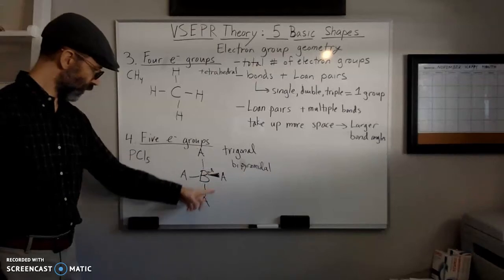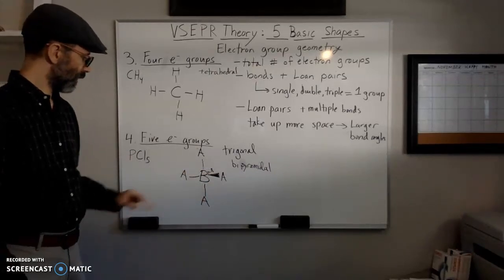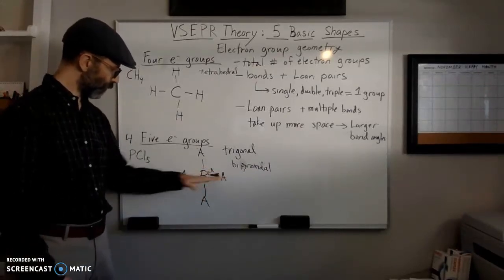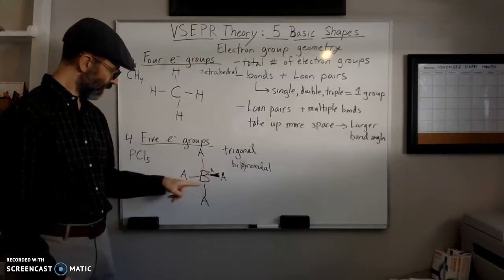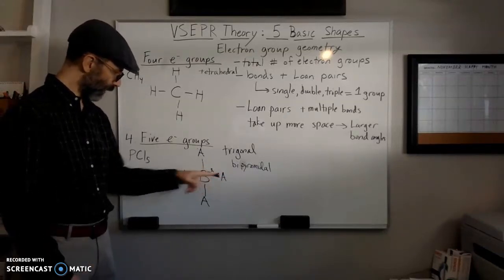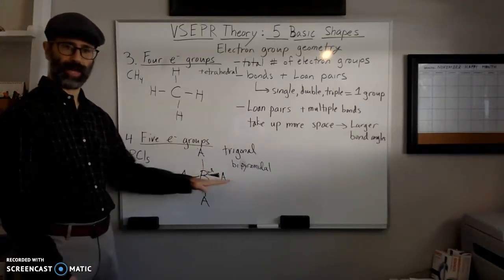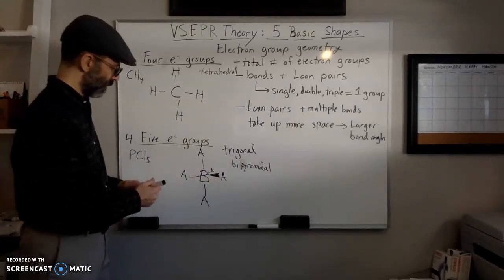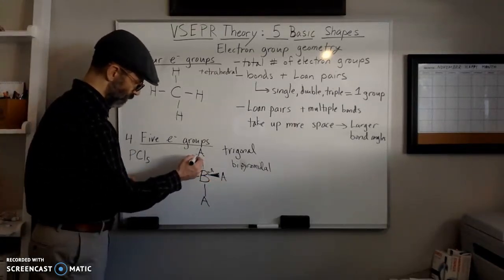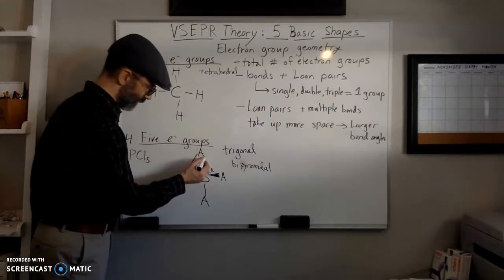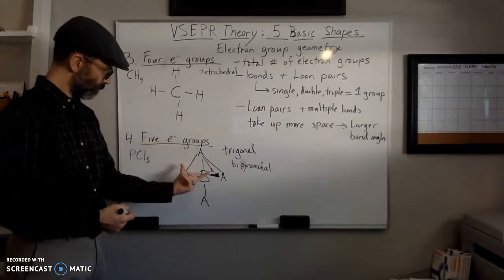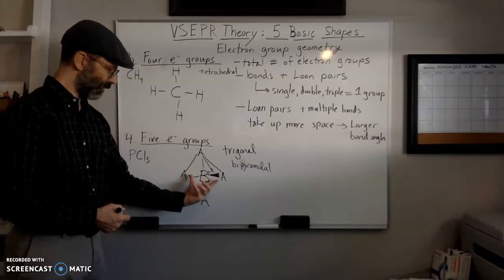Okay, and this is what the shape looks like. Okay, so here you have a triangle. So these three atoms form a triangle, and they're all in the same plane. So that's where the trigonal comes in. And then these guys, if you draw lines connecting these guys together, it forms a pyramid on the triangle.